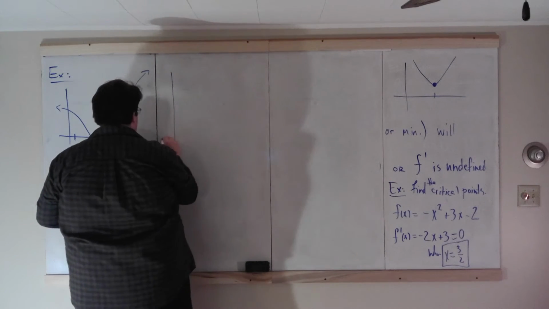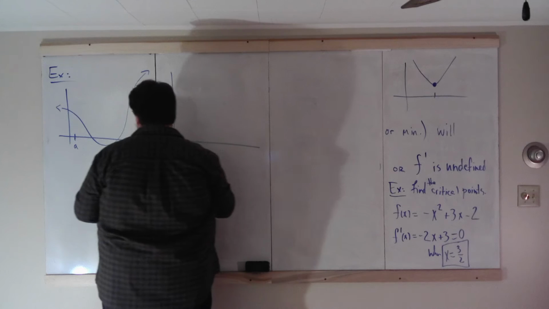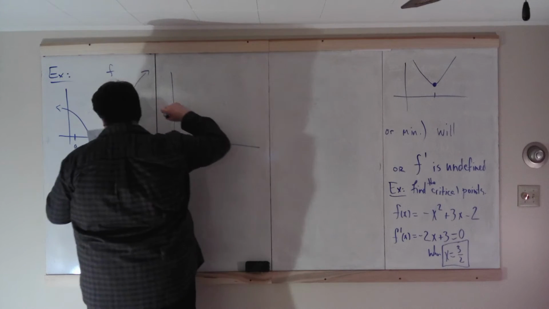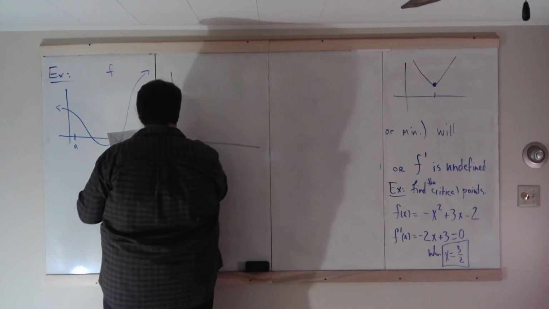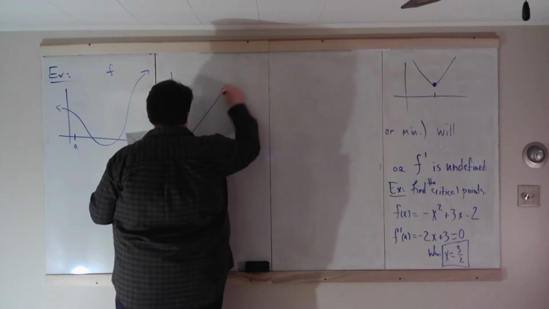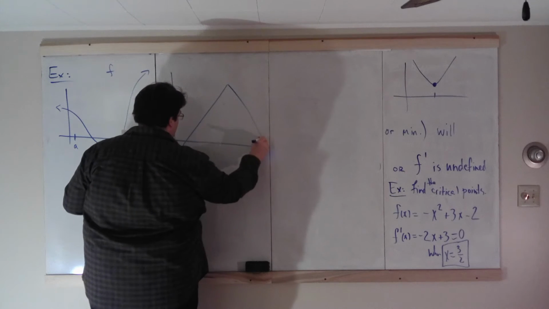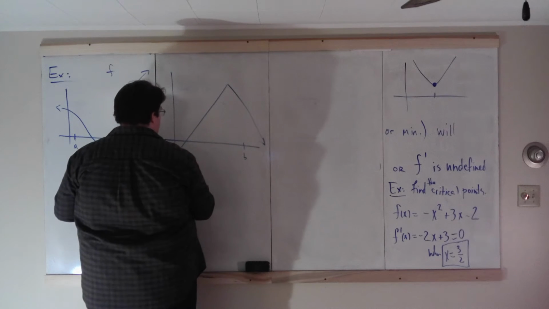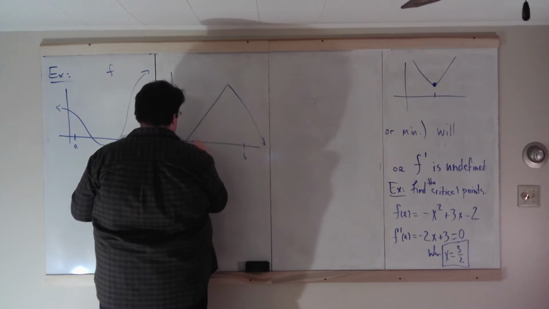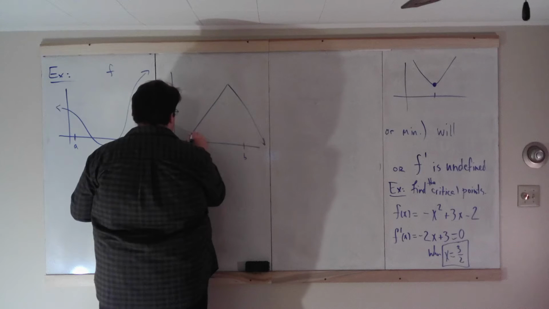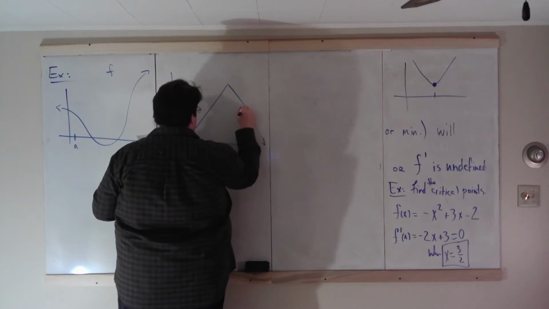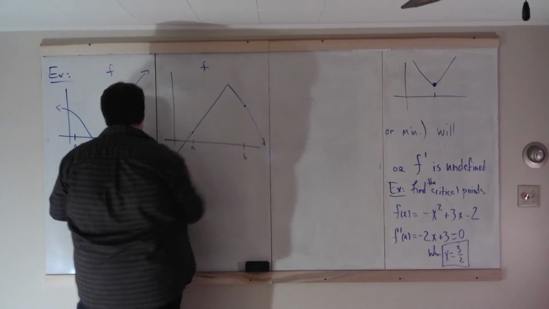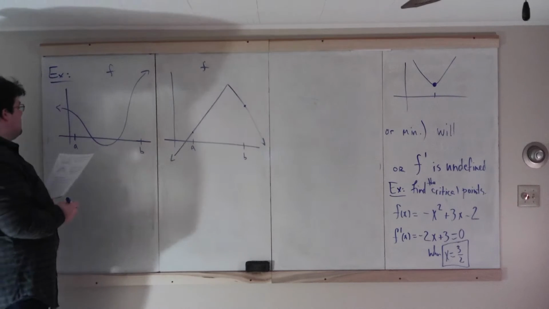And here, this will be F. I'm just going to call both of them F. Let's call this B, let's call that A. Let's mark off that point. Let's just call that F also.